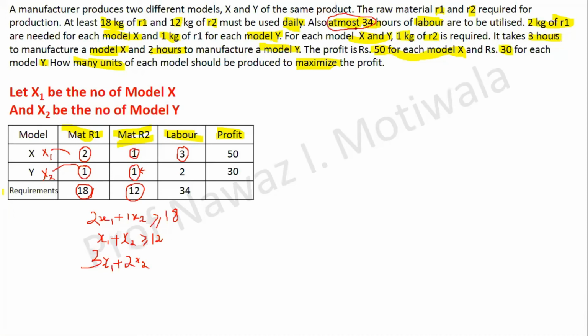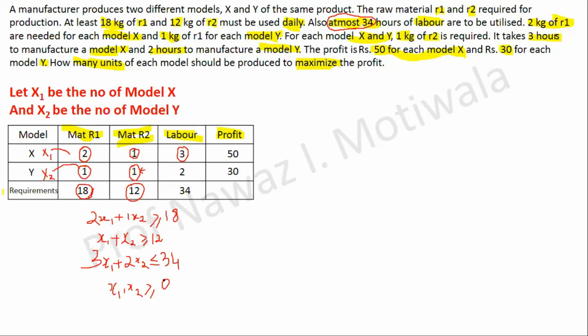At most means maximum is 34. We cannot exceed 34 hours. Hence the condition here will be less than or equal to 34. And normally we write x1, x2 greater than or equal to 0, because x1 and x2 are numbers of quantities which cannot be negative.